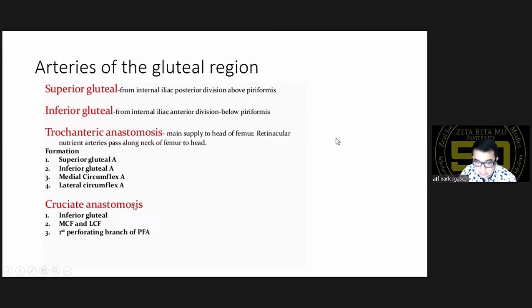The following arteries take part in the anastomosis: your inferior gluteal artery, the medial circumflex artery, the lateral circumflex artery, and the first perforating branch of the profunda femoris artery. So these are your arteries that supply your gluteal region.